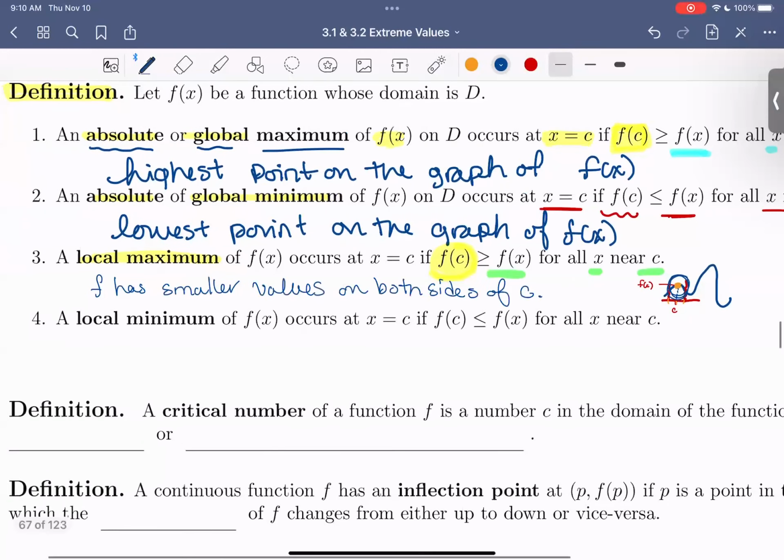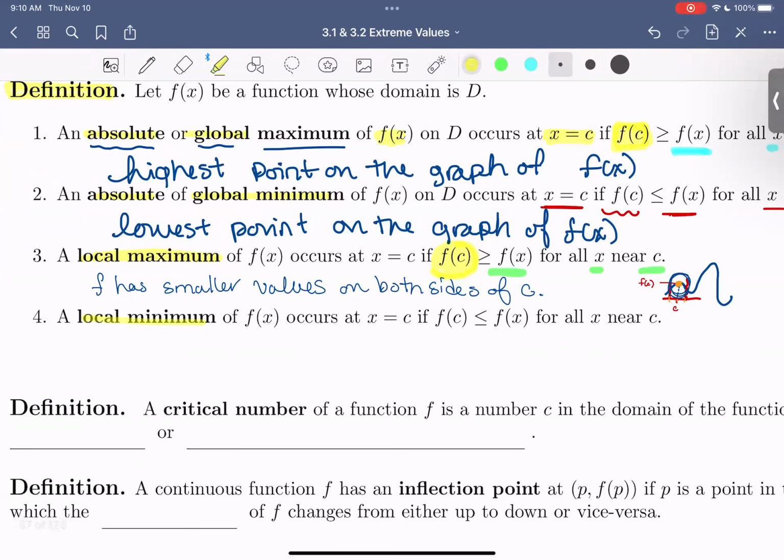All right, then similarly, we have a notion of a local minimum, and that occurs at a point C if the output of f at C is smaller than the output of our function for any values near C. So visually, what does that look like? Well, we could look at a similar graph here.